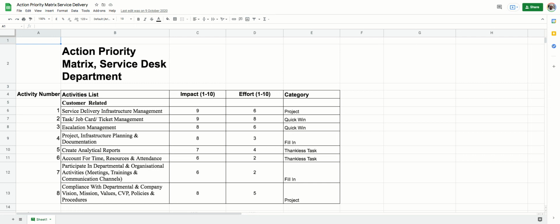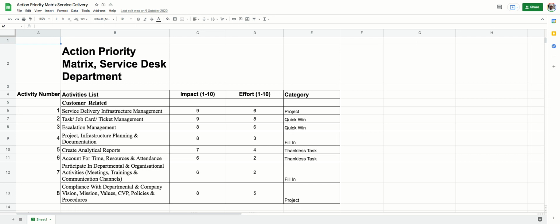Then we've got effort. Effort is about how much effort I need to put in to do this activity, and we've rated that on experience, again from 1 to 10. Depending on where impact and effort lie in this matrix, we then categorize this activity into one of the 4 categories, which can be a quick win, a fill-in, a thankless task, or a project.